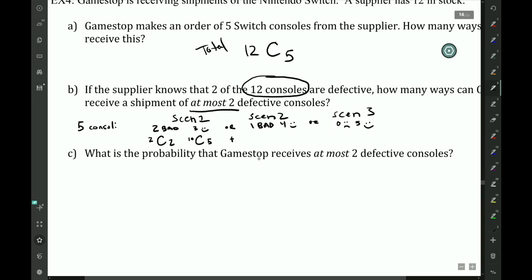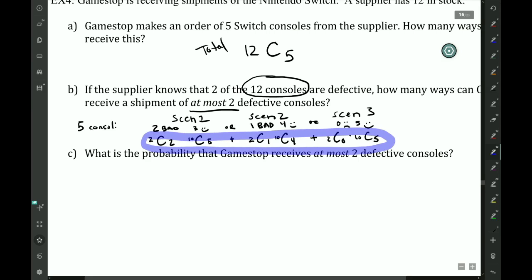Now there's 2, I want to choose 1, and there are 10, I'm choosing 4. Or the last type, scenario 3, I have 2, I don't want any, times 10, and I want all 5 to be good. This is your entire numerator, that whole shebang.